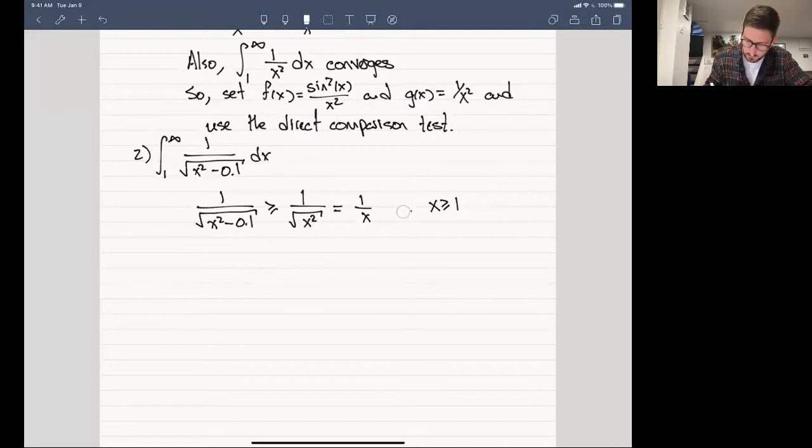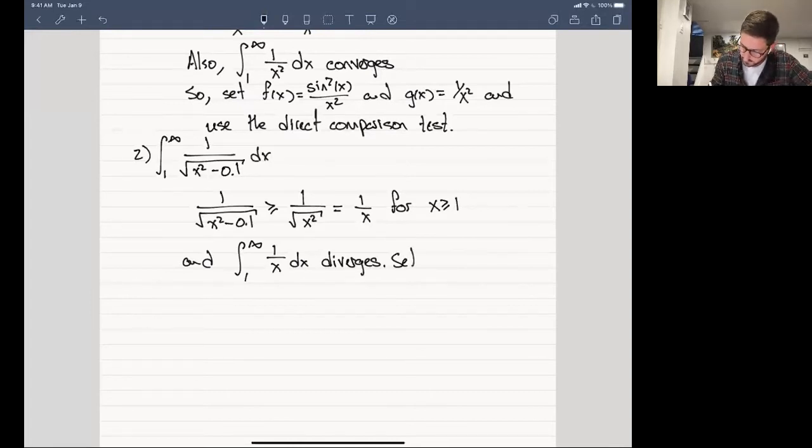So on x greater than or equal to 1. And we already showed 2 videos ago the integral from 1 to infinity of 1 over x dx diverges.